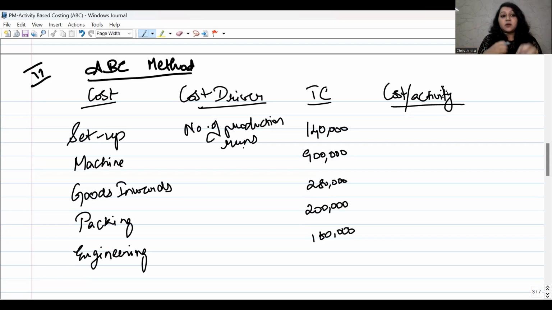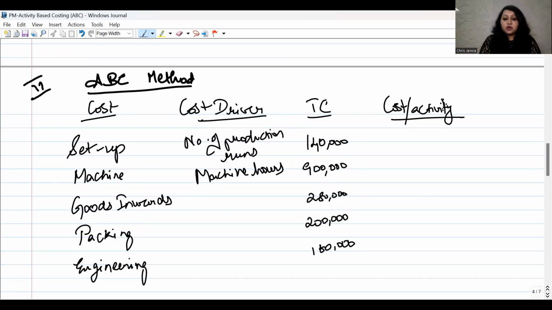Molding might be more machine intensive because it requires more machine hours than labor hours. Painting, on the other hand, will require more labor hours. The labor has to work on the painting more than the machine hours, right? So if machine hours are going to be more, it is called a machine intensive division. And if the labor hours are going to be more, it is called a labor intensive division. So now the cost is for the machine, then you can take your cost driver as machine hours.